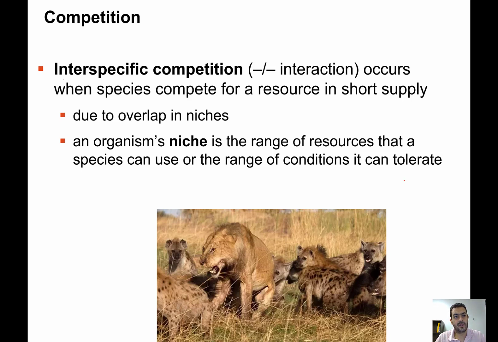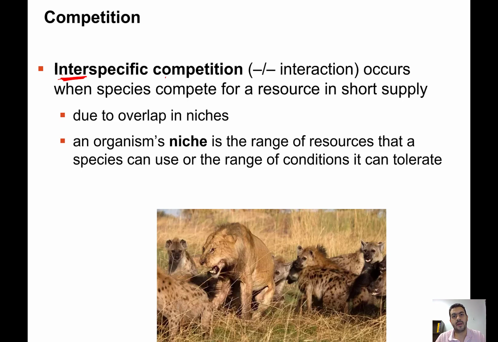Starting with the first one, we have competition. So we call this inter-specific competition in order to highlight the fact that we are talking now about competition between members of different species. And this is to differentiate it from what we discussed before, intra-specific competition, so competition between members of the same species, for example, between bacterial cells growing in a test tube.